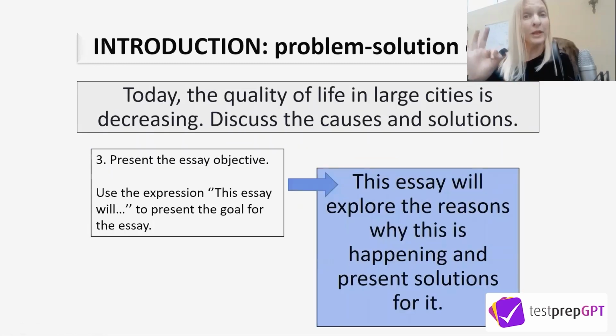And number 3, we need to write the third part of the intro and the essay objective. So a great expression that you can use again and again is "this essay will." So I've written, "This essay will explore the reasons why this is happening and present solutions for it."